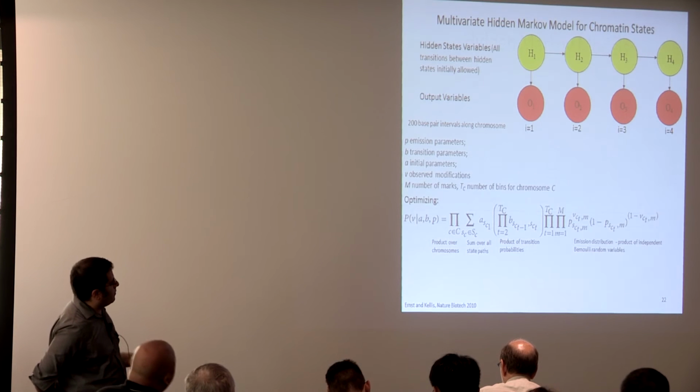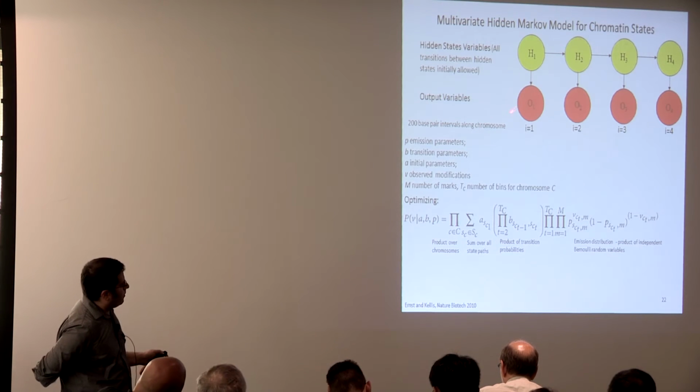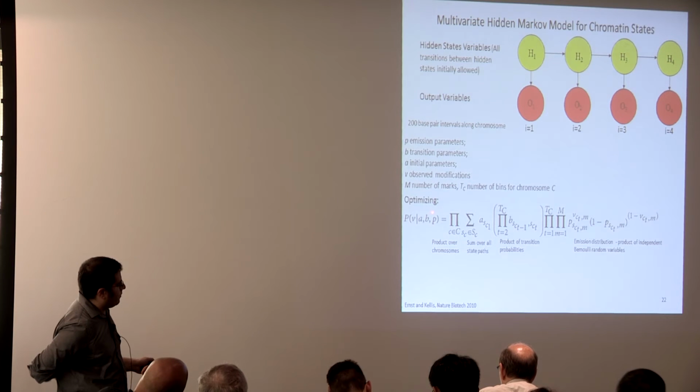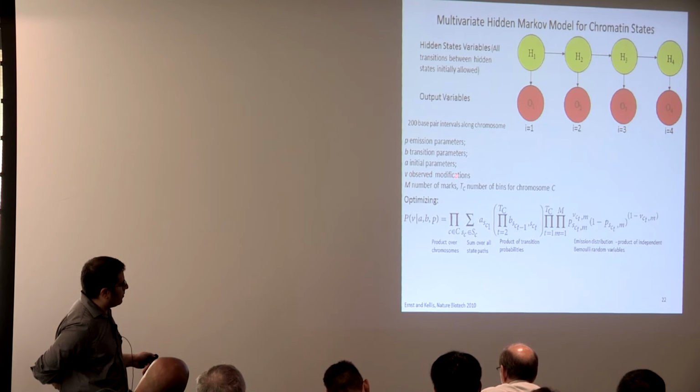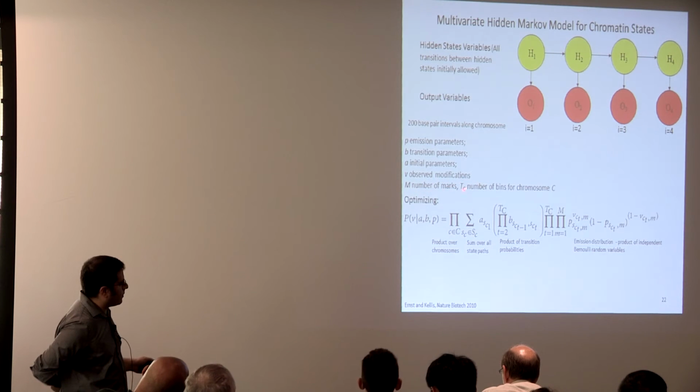And this is presenting, a little more formally, what we're effectively doing. We have a set of parameters: emission parameters, transition parameters, and initial parameters. Then we have V, which is our observed modifications, which can be binary presence or absence. M is the total number of marks, and T of C is the number of bins on a certain chromosome.